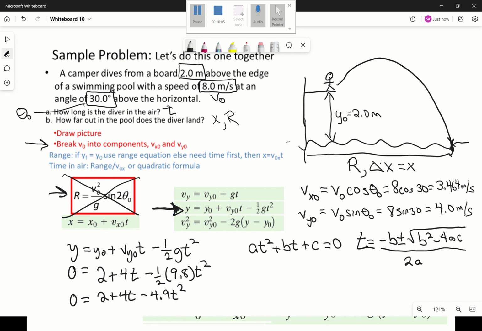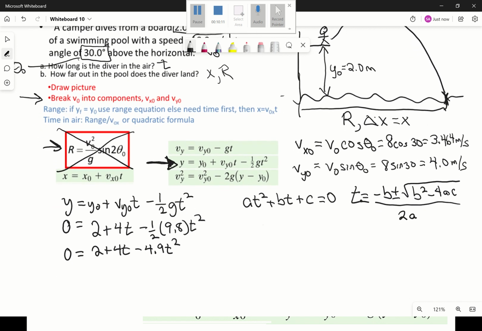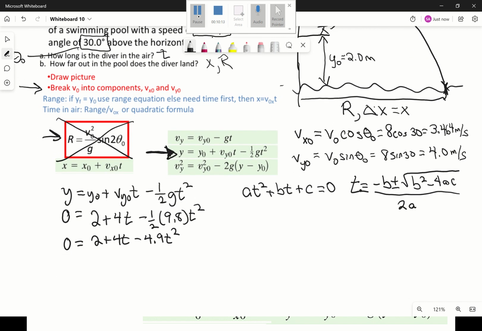So we need to look at our equation and figure out what's a, what's b, what's c, and then just plug them in there. So let me move up a little bit. So a is the thing in front of the t squared, so it's going to be minus 4.9. b is the thing in front of t, so it's going to be plus 4. And c is just the number, so it's going to be plus 2.